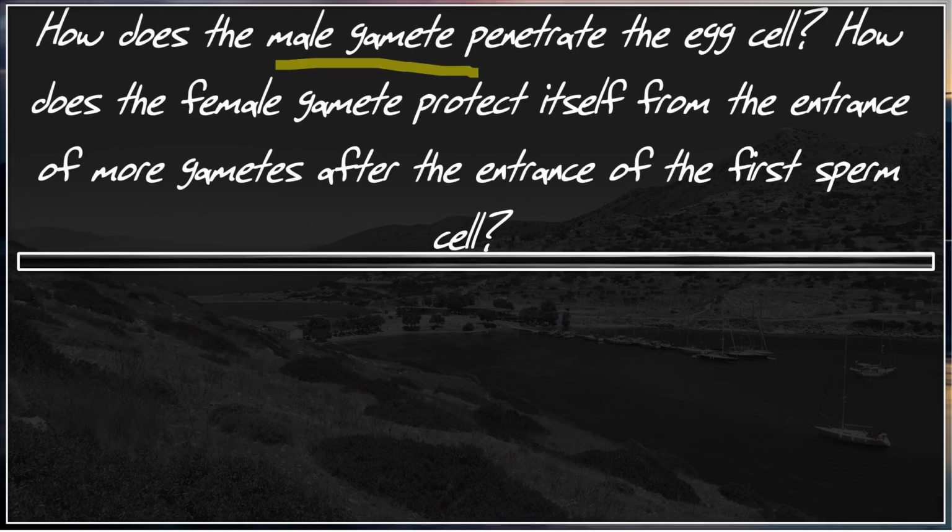How does the male gamete penetrate the egg cell? How does the female gamete protect itself from entrance of more gametes after the entrance of the first sperm cell?